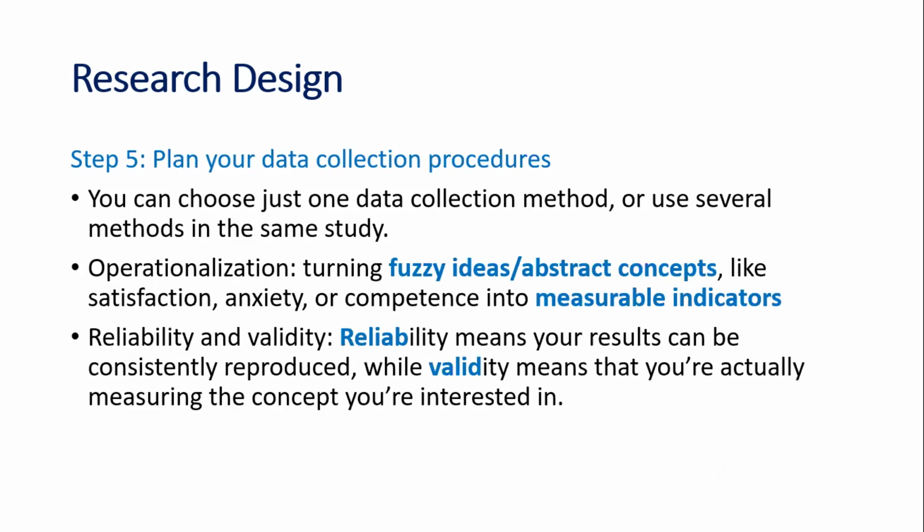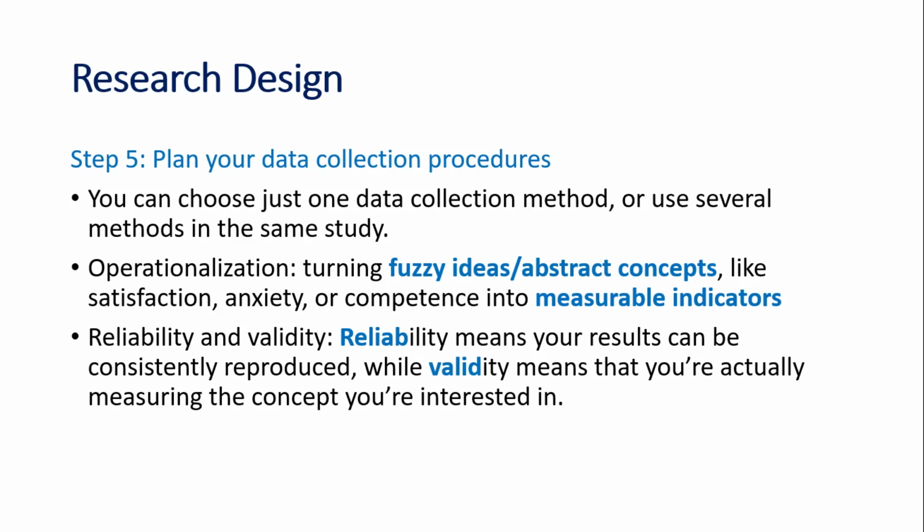So the fifth step is to plan your data collection procedures. You can choose just one data collection method or use several methods in the same study. Then there is operationalizing.